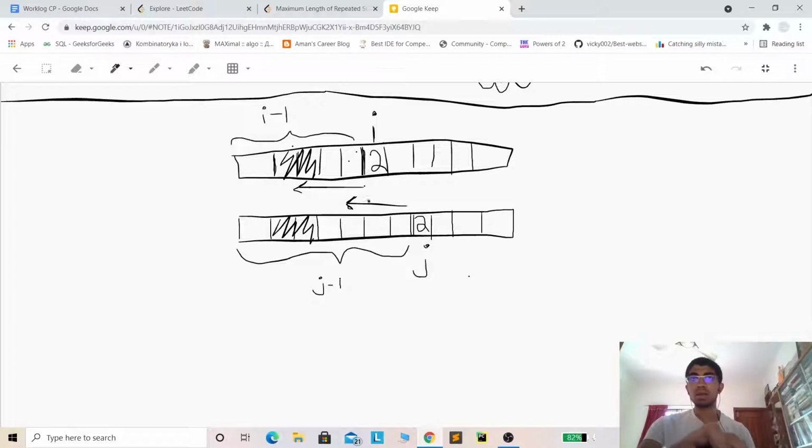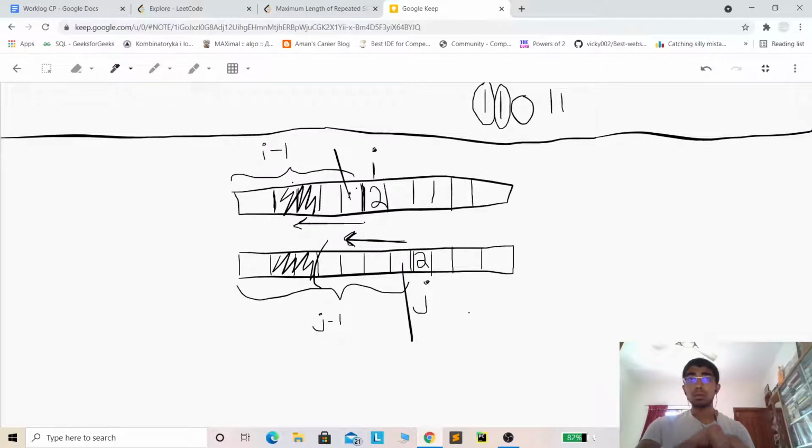But since we are calculating the longest common subarray, it must be continuous, and hence for the i minus 1 and j minus 1th position, it must end at the i minus 1th and the j minus 1th position only. From the back it can go till anywhere, but the ending position must be this.